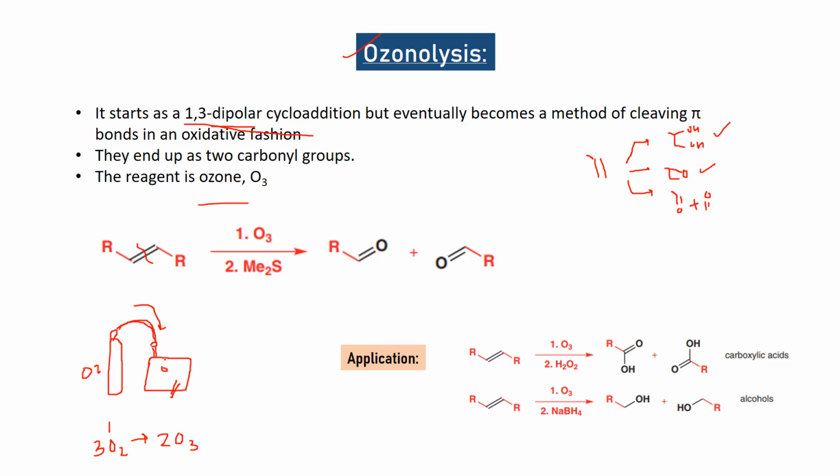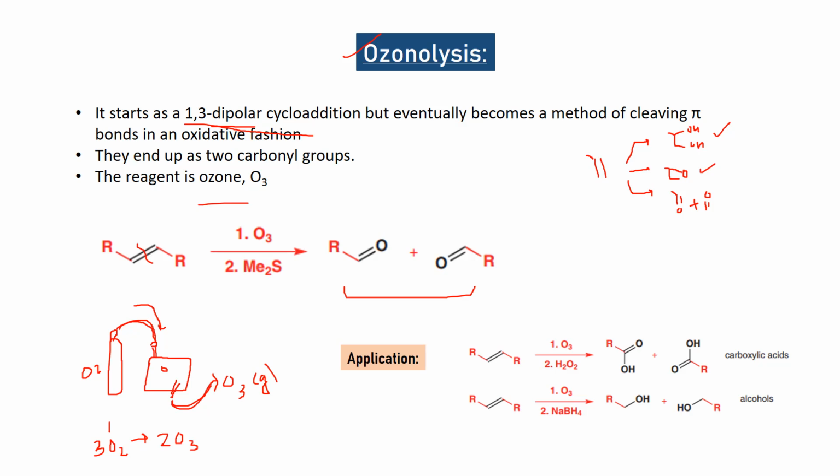So 3 molecules of oxygen will enter, and in the machine it will give 2 molecules of ozone, and if you connect a pipe here, it will deliver ozone from here. This ozone is a gas. If you put this pipe into your reaction vessel where the substrate is already present, it will undergo cleavage and form the carbonyl compound.